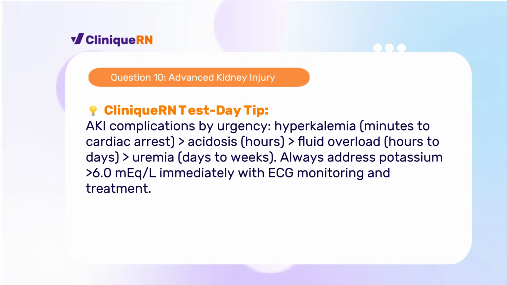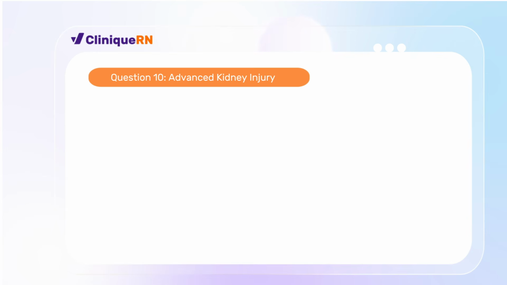Clinique RN Test Day Tip: AKI complications by urgency, hyperkalemia, minutes to cardiac arrest, greater than acidosis, hours, greater than fluid overload, hours to days, greater than uremia, days to weeks. Always address a potassium level greater than 6.0 milliequivalents per liter immediately with ECG monitoring and treatment.